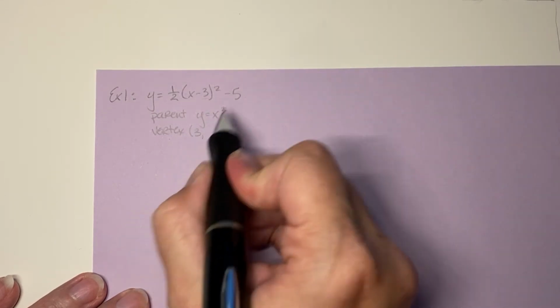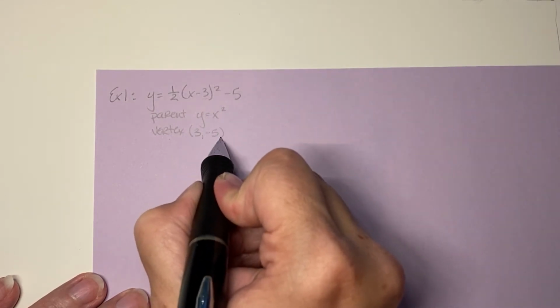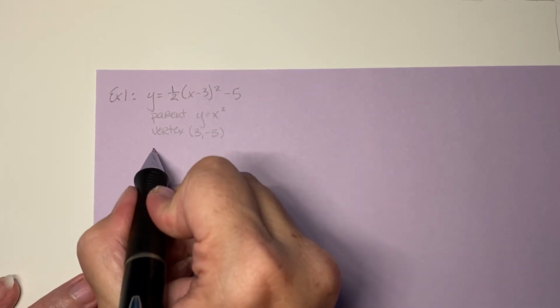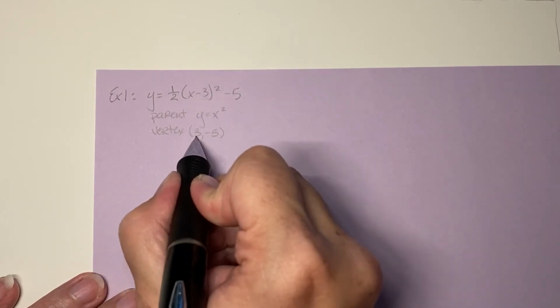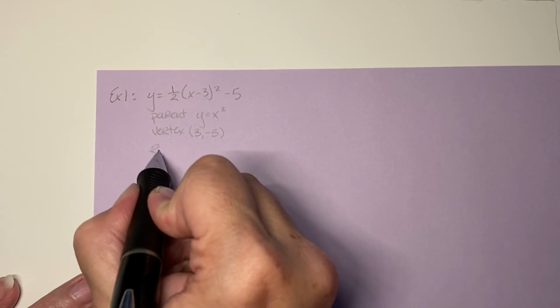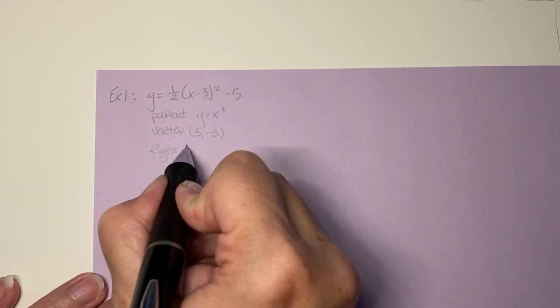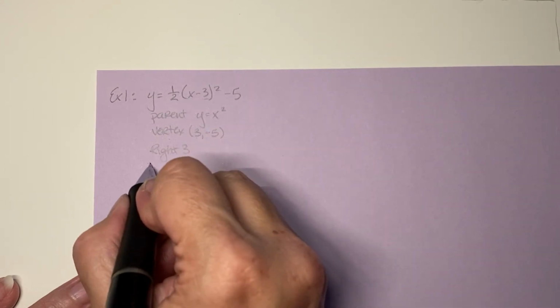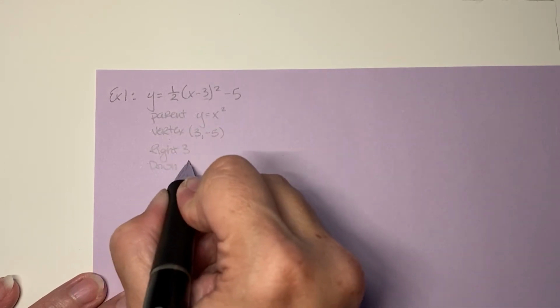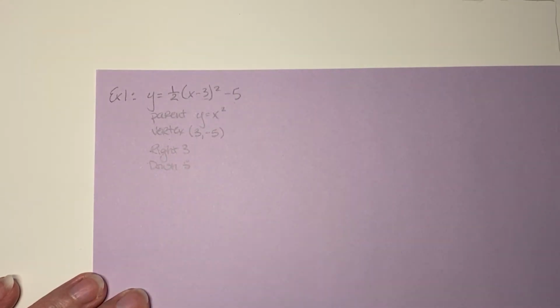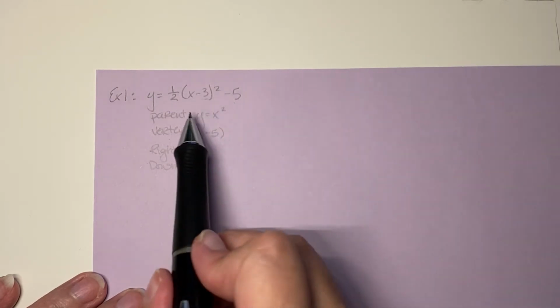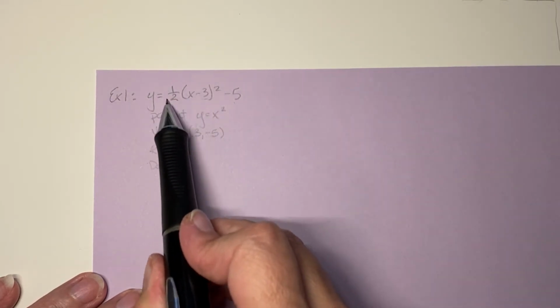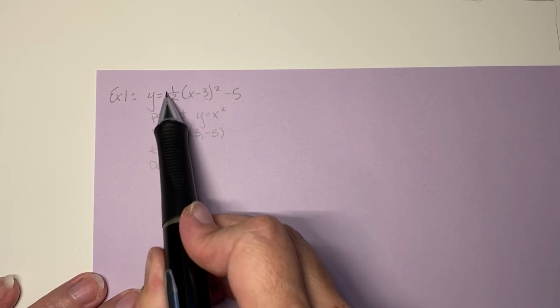So it's 3 and then -5. So then this means we're going to go to the right 3 and we're going to go down 5.